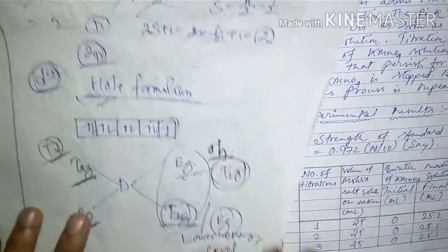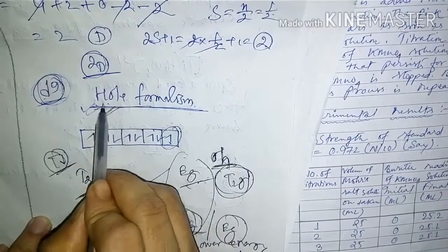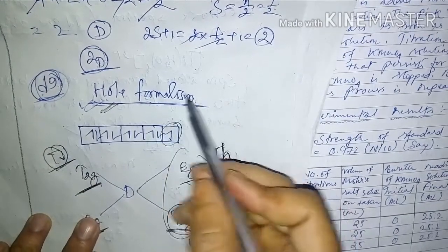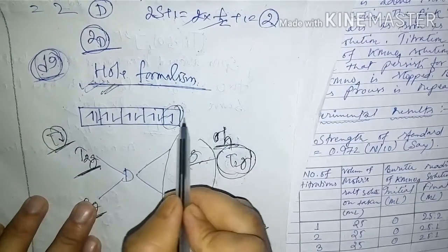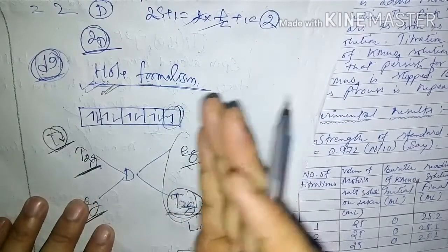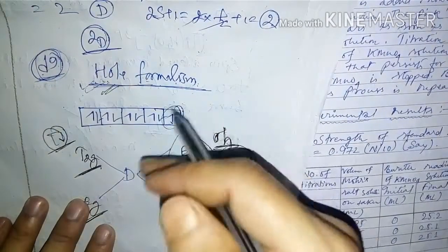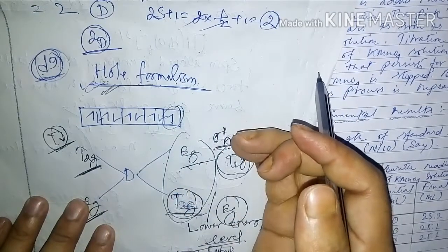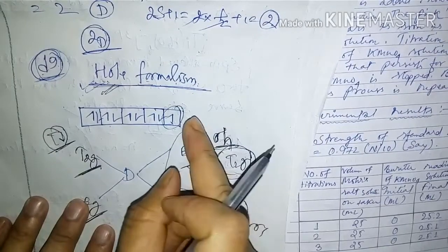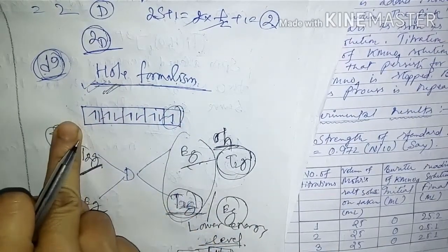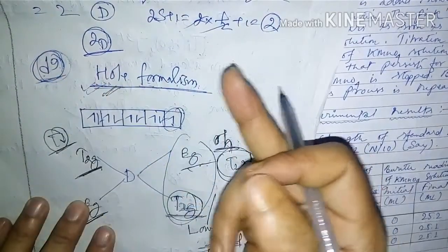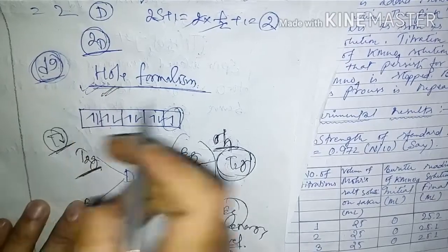Why Eg to T2g? Because see, this is hole formalism or hole transfer mechanism. If it is 1 electron less from the full-filled or half-filled, or another case is if 2 electrons are less from full-filled or half-filled, then at that time this d9 or d8, okay, like this d9 or d8.